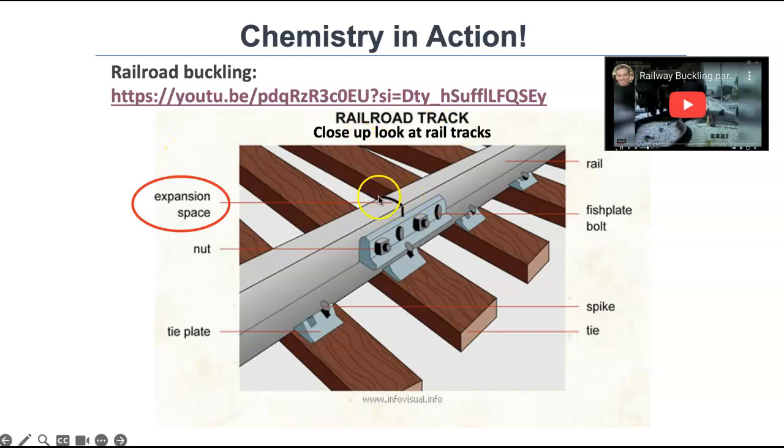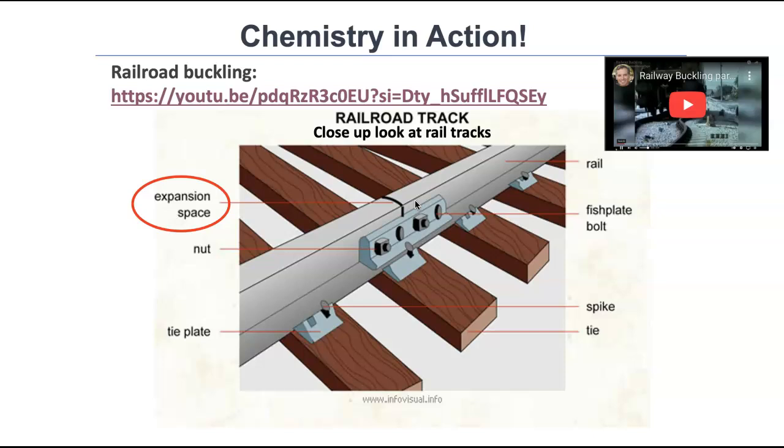If there isn't an expansion space big enough for them to expand, they start buckling like that, and you can have derailments. So when civil engineers make railways, they put a lot more space between the rails in countries where summers or the whole year is really, really hot.